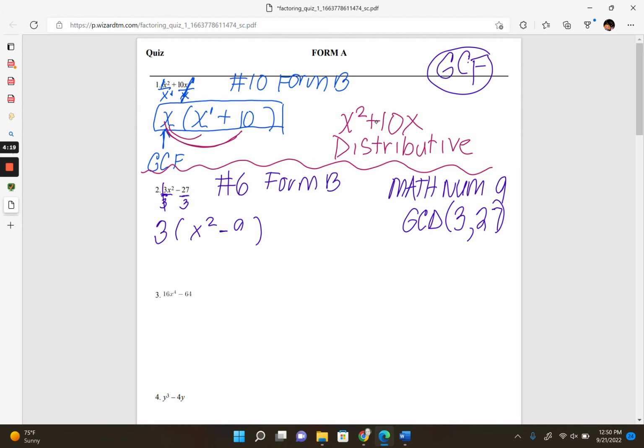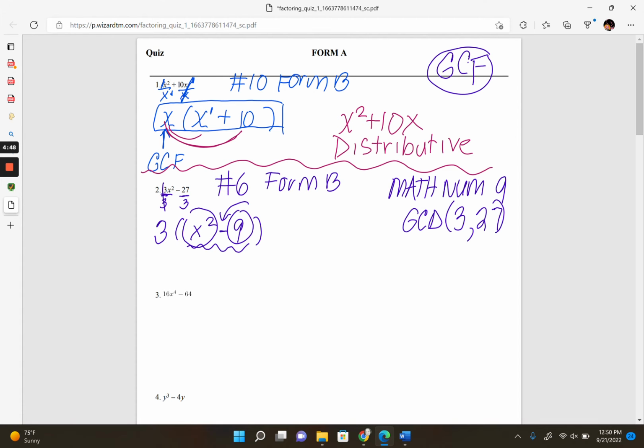After you take out the GCF, the next step in factoring is to check to see if you have a binomial or a trinomial. Binomial is 2 terms, and in this case, it's the difference, which is subtraction, of 2 perfect squares.